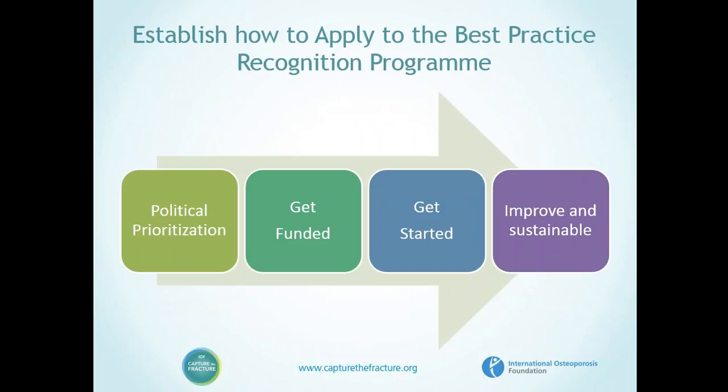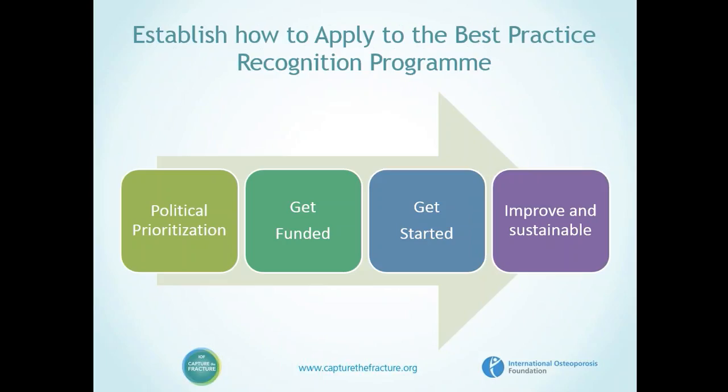There are many steps to coming to a point where you actually can implement a program, but applying the best practice recognition program is a good way of starting the process, and all of the tools are available for this. But firstly, it needs political prioritization, it needs to get funded, and then to get started, and then to improve the sustainability.